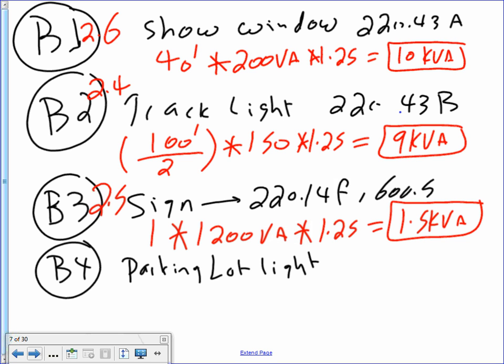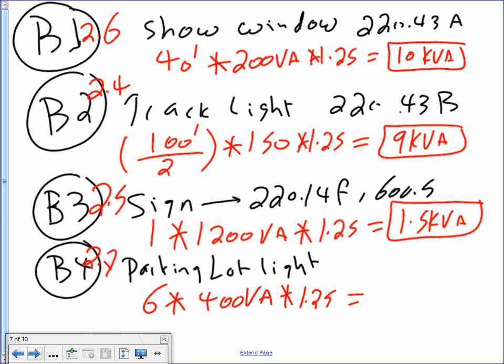Parking lot. Your parking lot is 2.7 here. It's actual, basically, because we have no idea. So I have 6 fixtures. Each one of them, when we asked Karen to design it, she threw in 400 volt amp metal halide, 6 of them in the parking lot, multiplied by 1.25 because it's always continuous load.